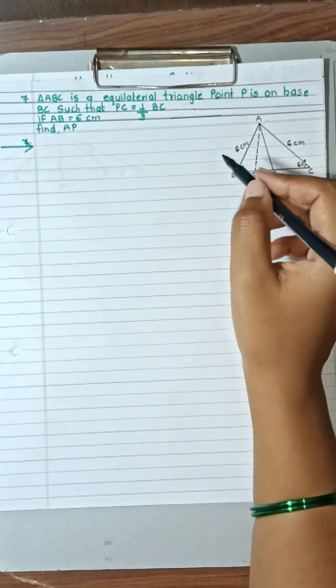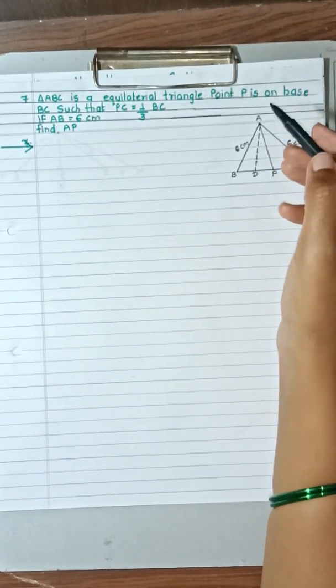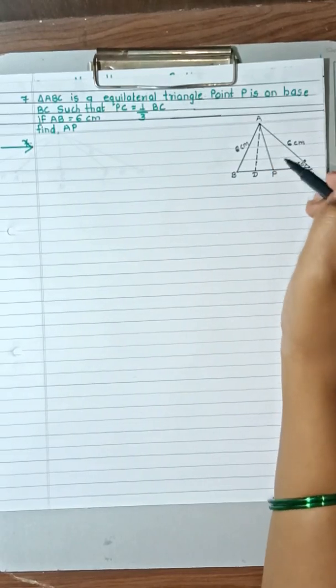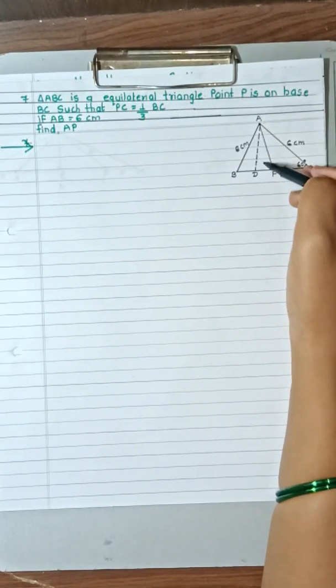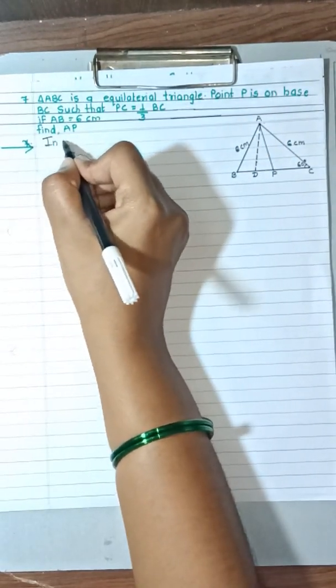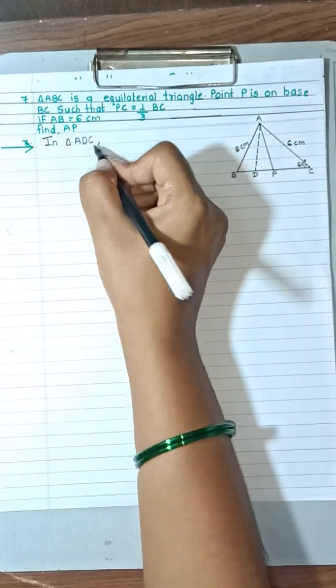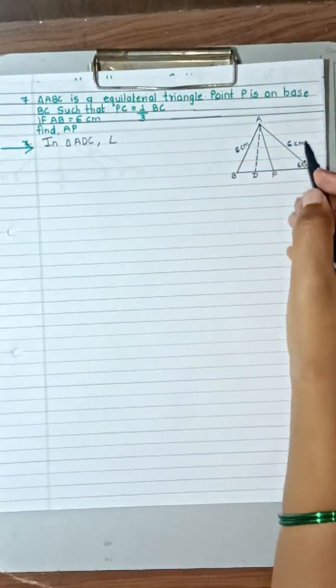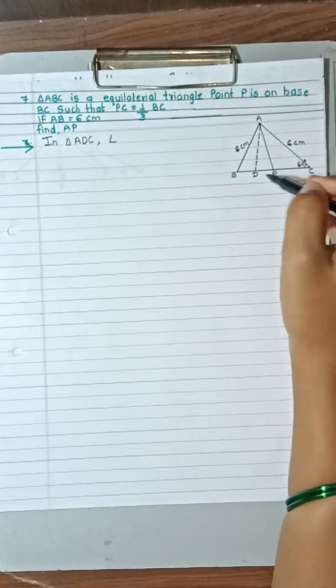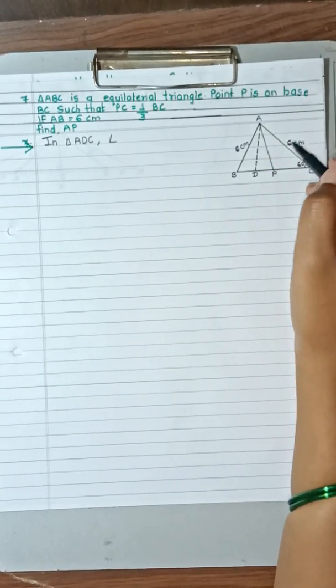Now children, first we'll consider triangle ADC. In triangle ADC, angle ACD is 60 degrees, as this triangle is an equilateral triangle.